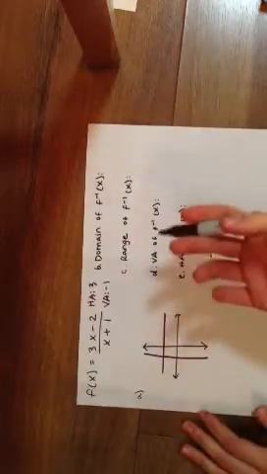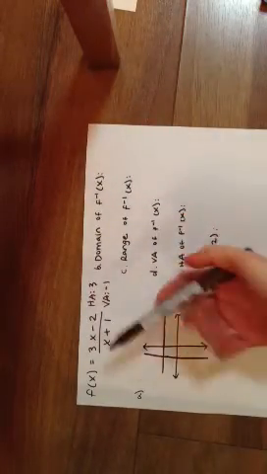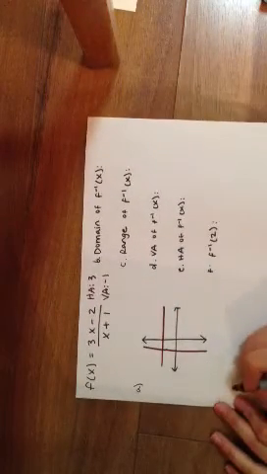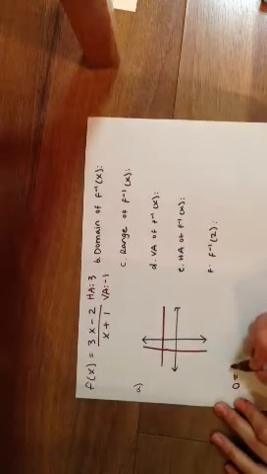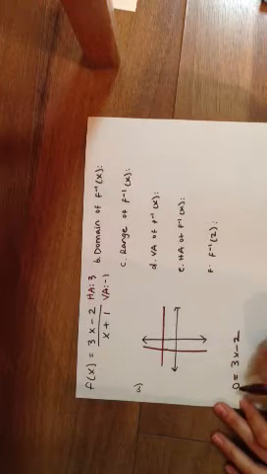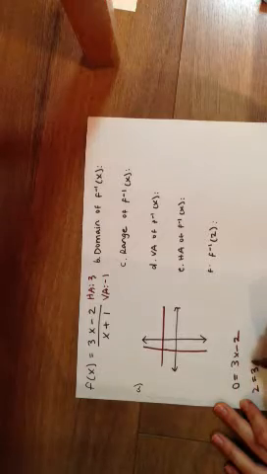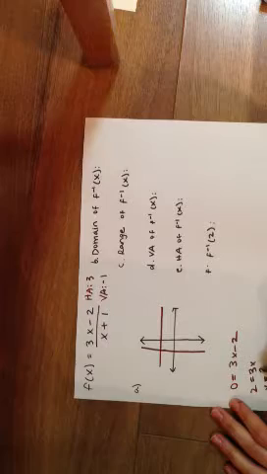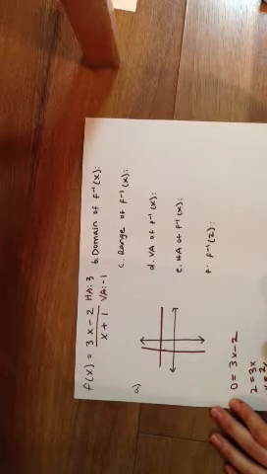In order to find our x and y intercepts, to get the x-intercept, we set it all equal to 0, 3x minus 2, and you get 2 equals 3x, which would leave you with x equals 2 over 3.